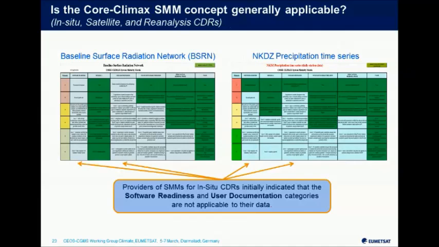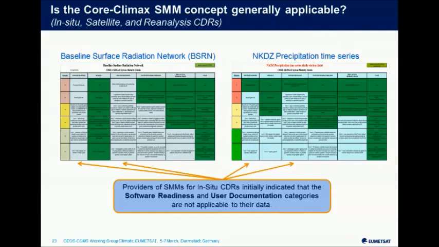But they get very high scores in usage and public access and so on. Because in situ data is, most of the time, reference data, and it has been available for a long time, so it is used a lot. It's used in IPCC reports, in impact assessments and so on. So they get very high scores for usage.